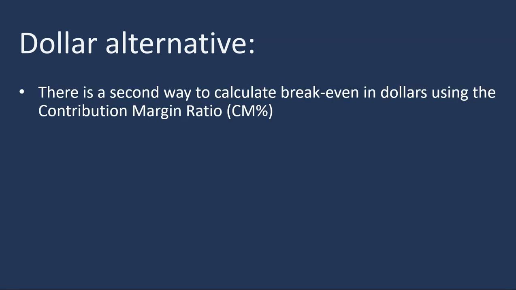Now, quick note about a dollar alternative. Obviously, you had to solve for the break-even point in units before you were able to use the break-even point in dollars formula just presented. There is a second way to calculate the break-even point in dollars, and it's by using the contribution margin ratio.